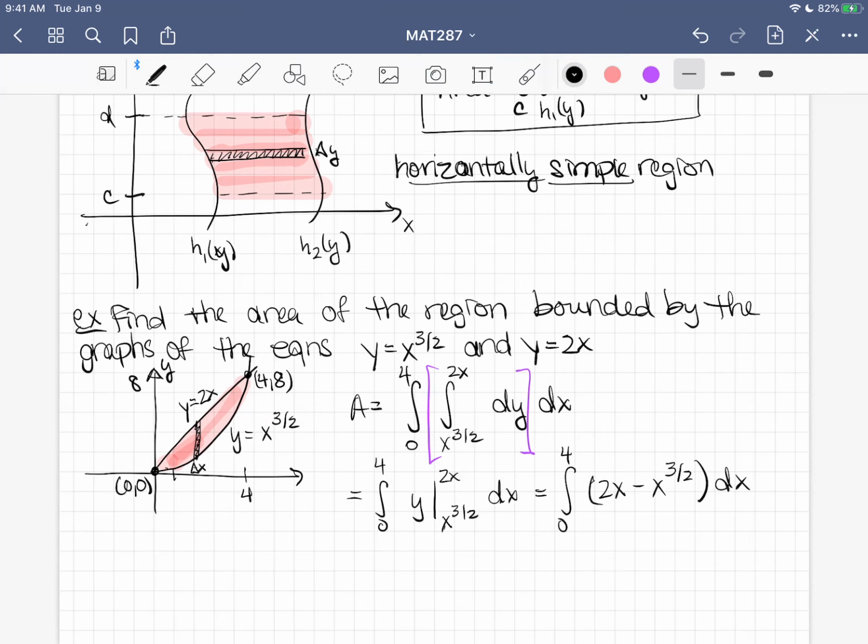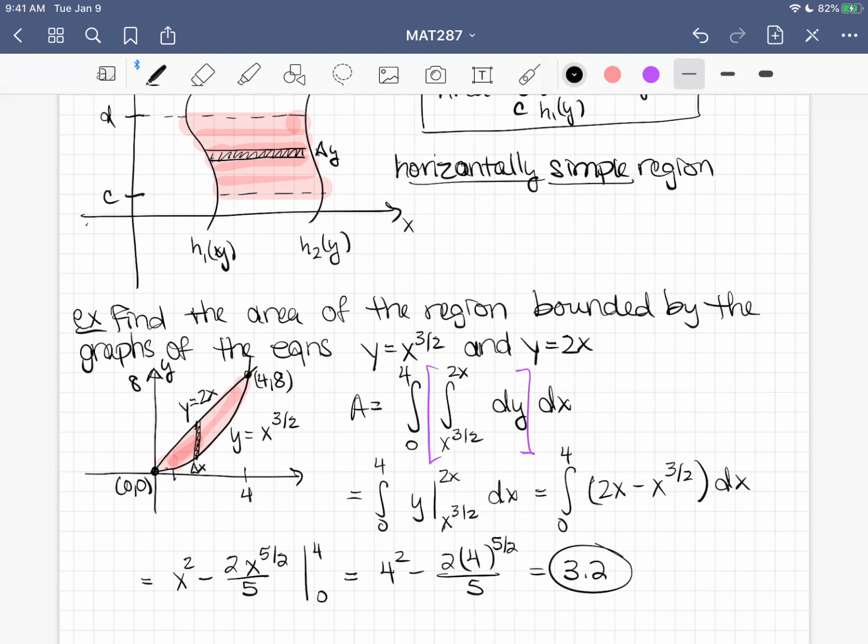And now this is a Calc 1 integral, right? So I get x squared minus x to the 5/2 times 2/5 evaluated from 0 to 4. So I get 4 squared minus 2 times 4 to the 5/2 divided by 5. You can plug that into a calculator and you'll get 3.2.